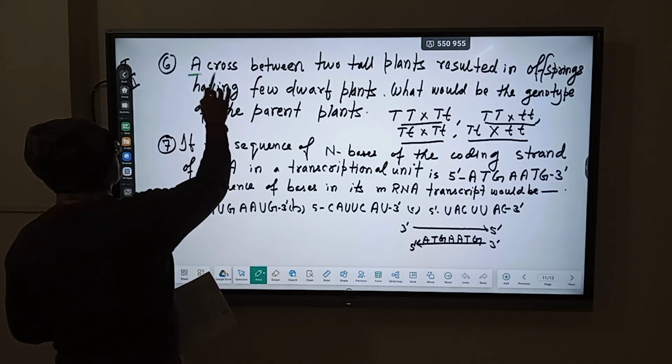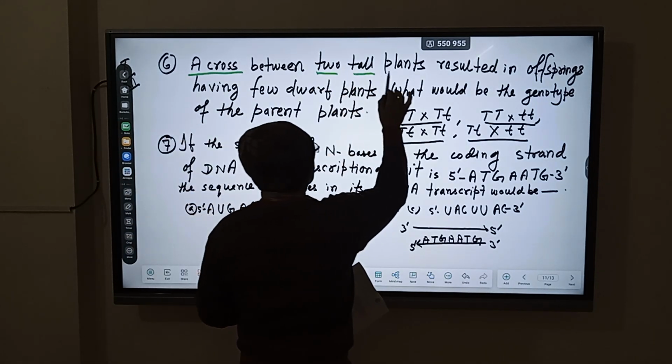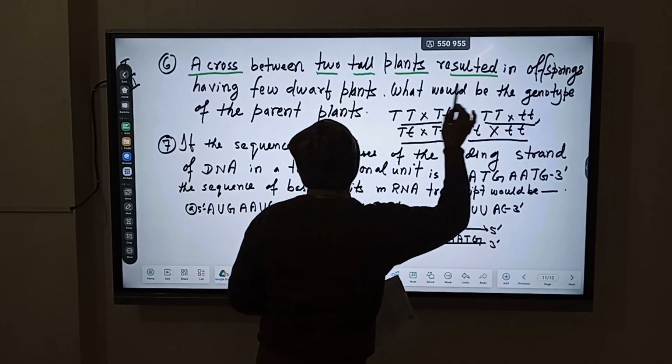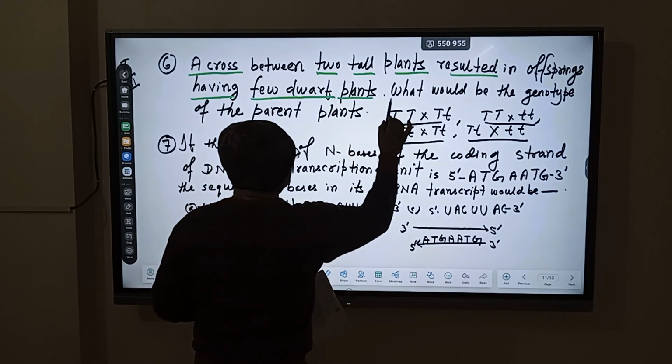Next, try to answer: a cross between two tall plants resulted in offspring having a few dwarf plants.